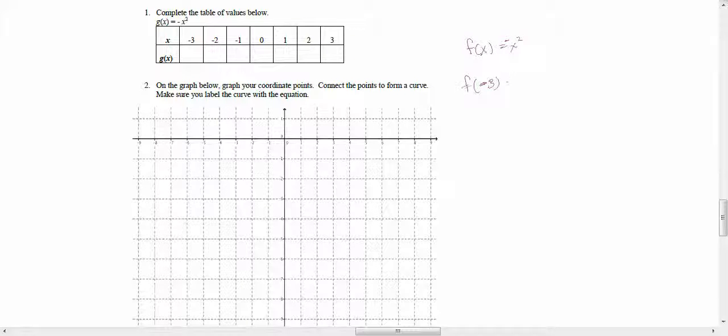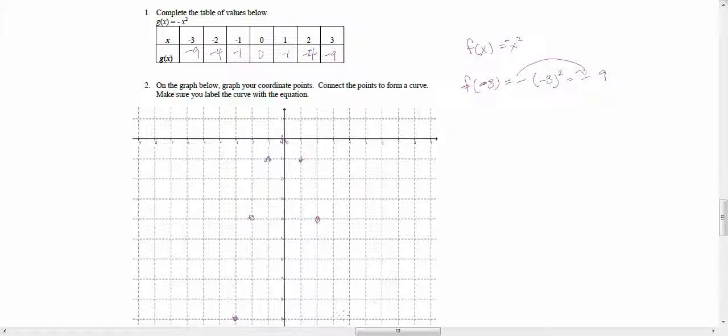That would be negative 3 squared, which is positive 9, but I tack on this extra negative over here, so I have negative 9, then negative 4, negative 1, 0, negative 1, negative 4, and negative 9. I'll graph that, and basically what I have is an upside down parabola.